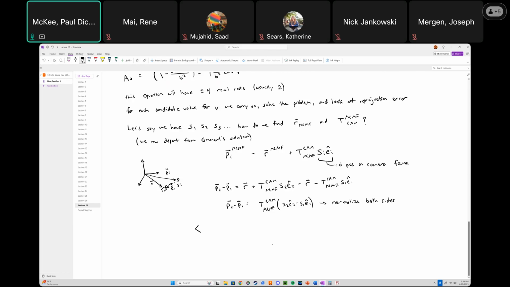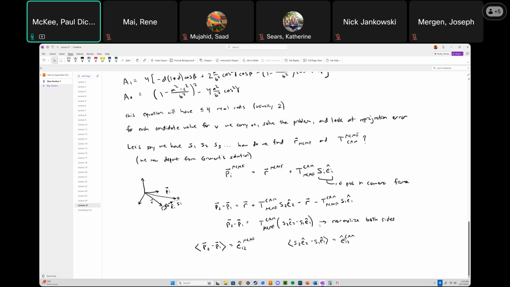Normalize the left side. We have P2 minus P1. I'm going to call this E12 in the MCMF frame. But if we normalize the right-hand side, we get the normalized S2 E2 minus S1 E1. And when we normalize that, I'm going to call this E12 in the camera frame.